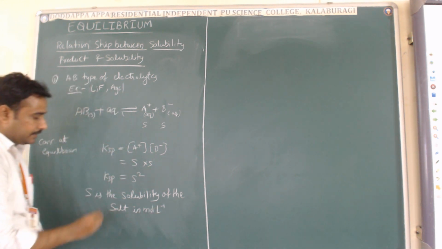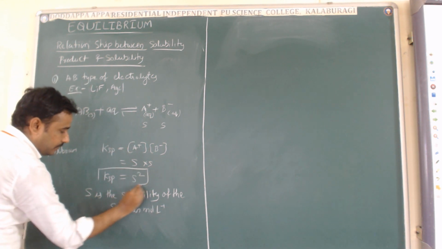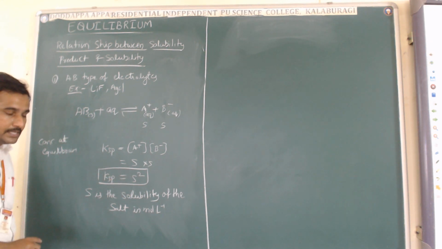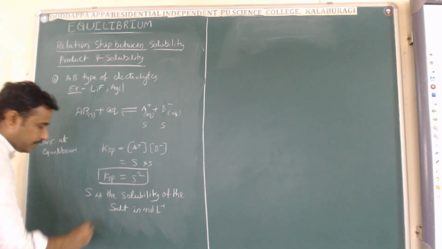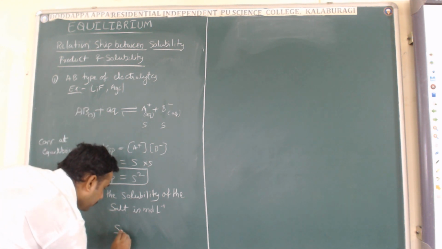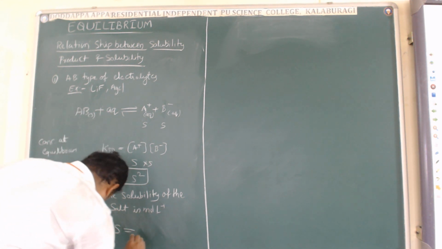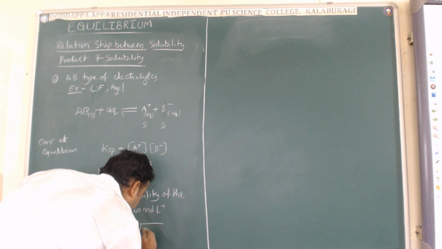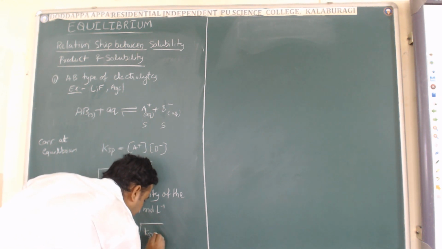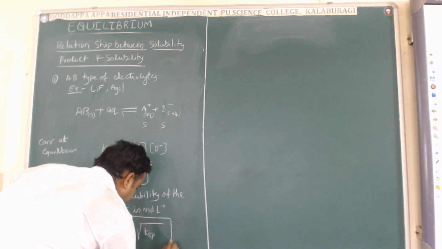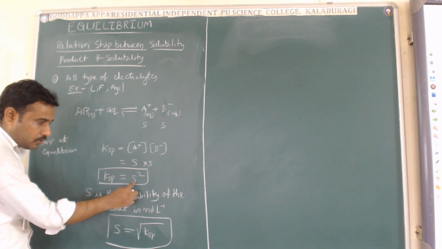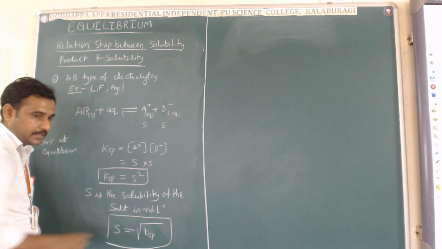So the solubility product of AB type of salt is S square. Suppose this solubility, how do you write it? The solubility S is equal to root of KSP. This is the relation between solubility product and solubility.